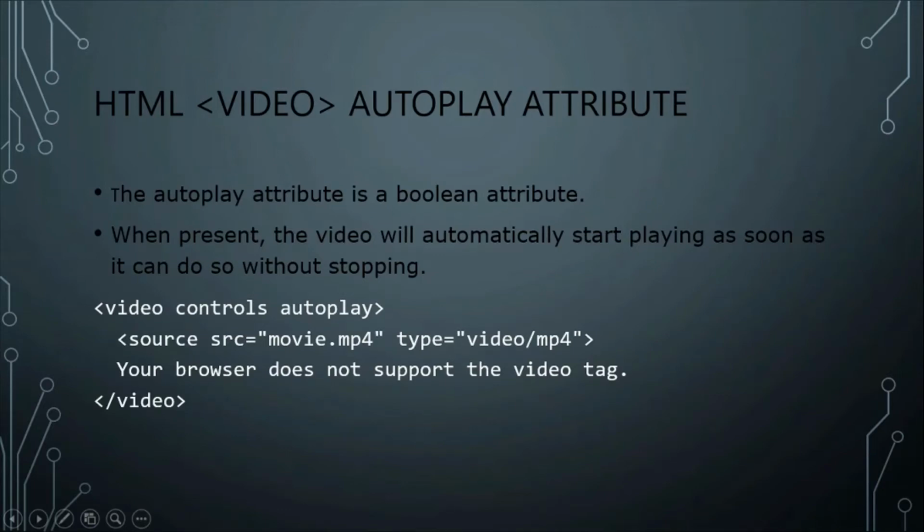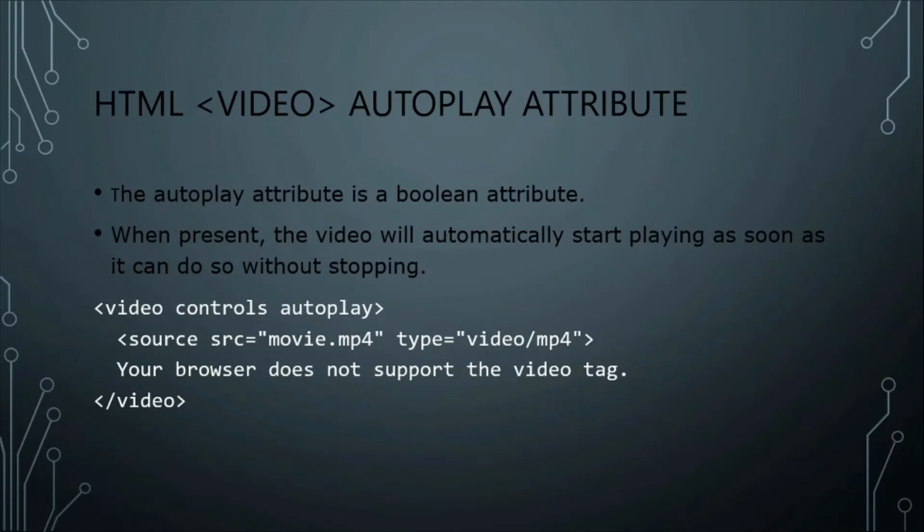In the implementation of this autoplay, we will first put the video tag, then in it we will put the two attributes controls and autoplay. Then we will start the source tag. In the source tag we will put an src attribute and a type attribute.